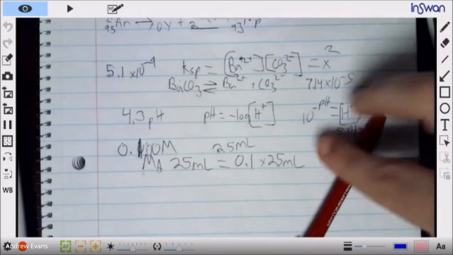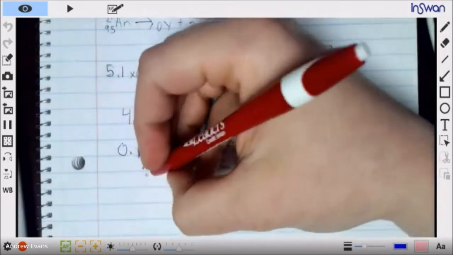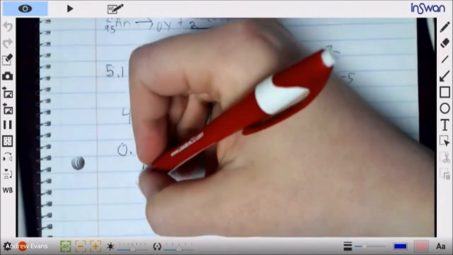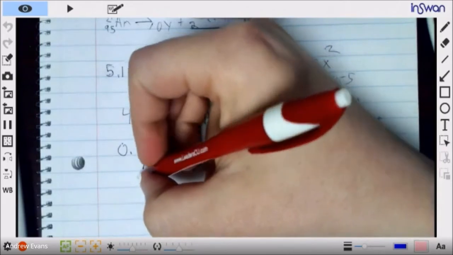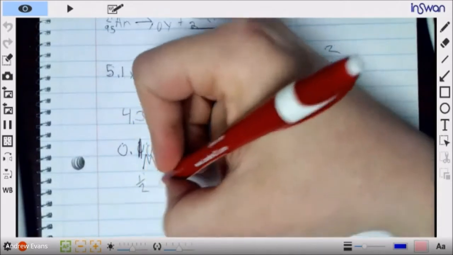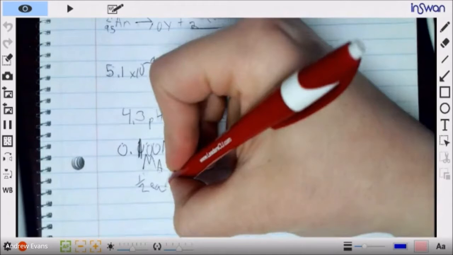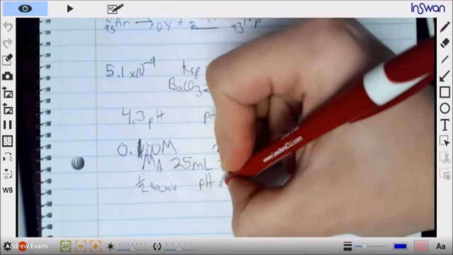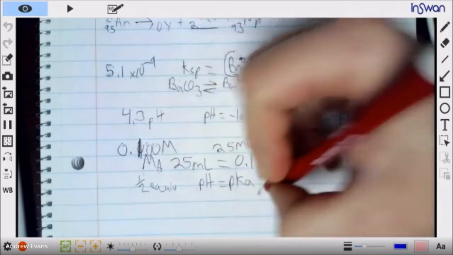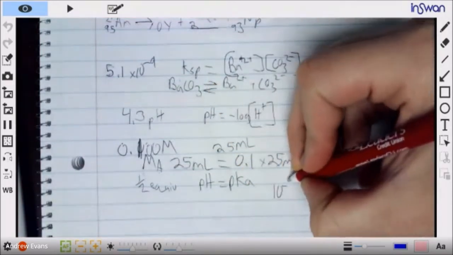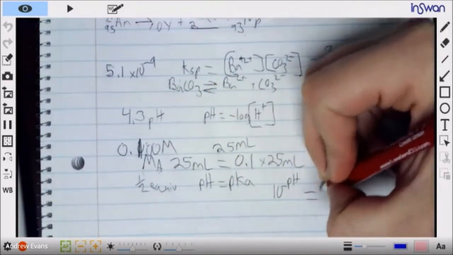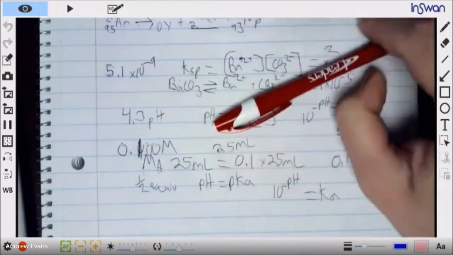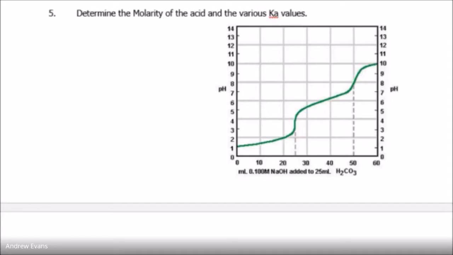Now, to define the pKa's, at half equivalence point, so half of 25, pH equals pKa. So 10 to the negative pH will give us our Kas. I'm not going to come back to the doc cam. I can do it from here.